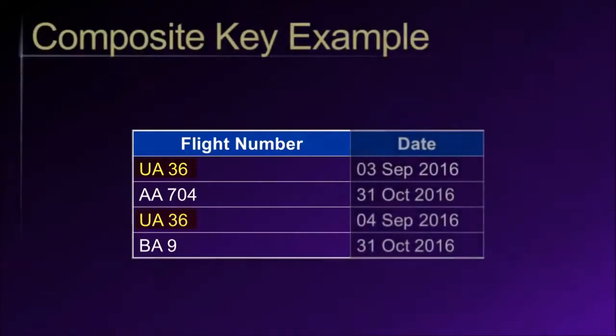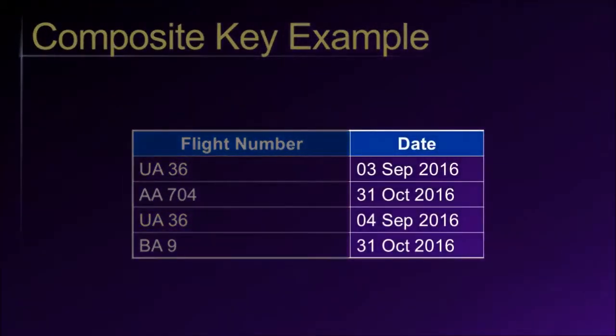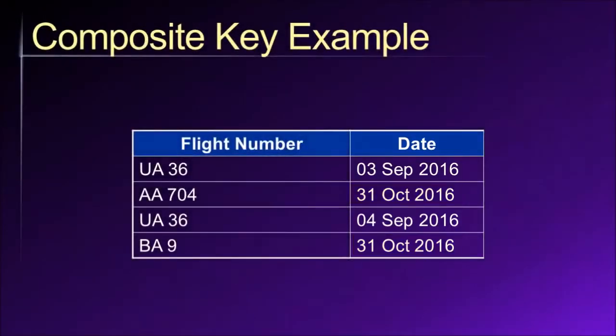And if we examine the date column, we can see that it's possible to have more than one flight on the same date, but the combination of a flight number and a date is unique. We could therefore combine those two values together and use them as a composite key.